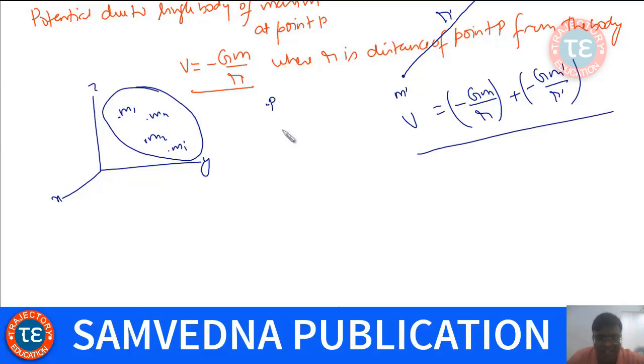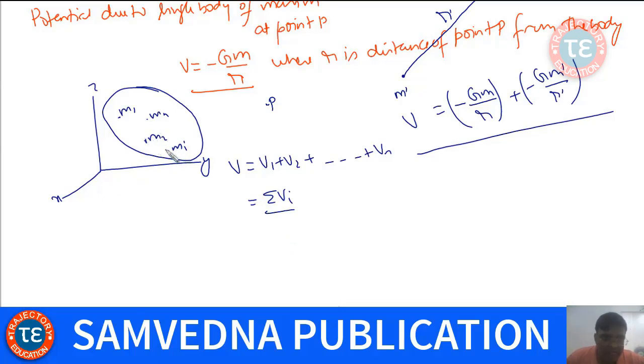In this case, the sum will be a scalar sum because potential is a scalar quantity. So you find the potential due to each particle and take the sum, which is the resultant potential at point P. Get your point? This is the way you can do it.